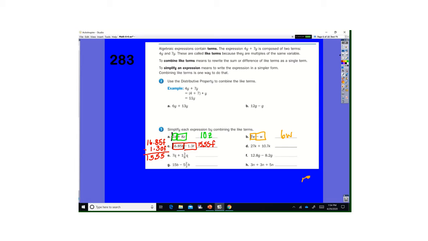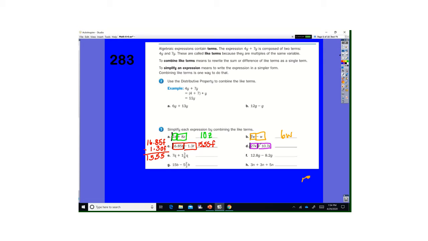Same thing with 27k plus 10 and 7 tenths k. I break it up. This time I have not used this pinkish purplish color, so we're going to use that. I combine all my k's.